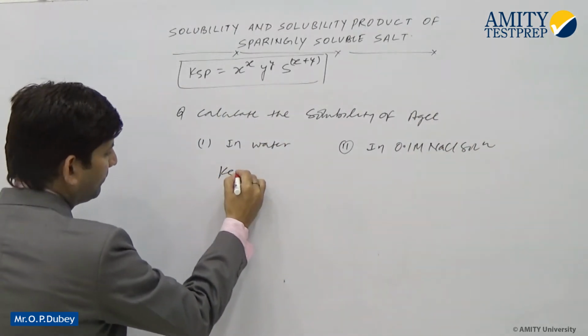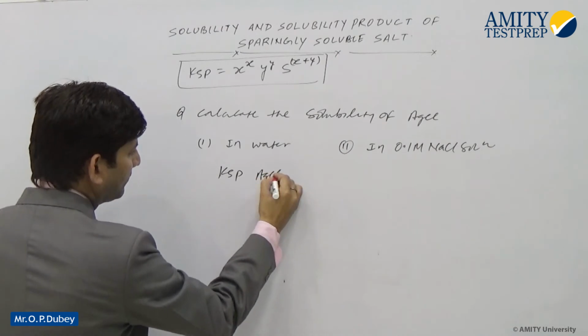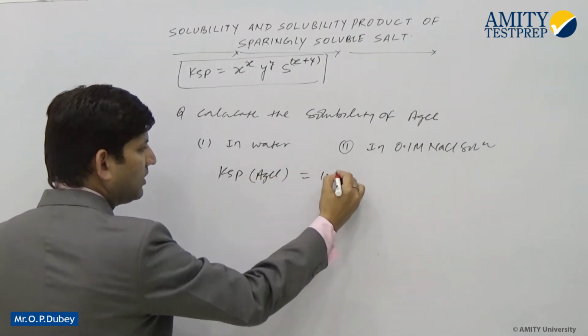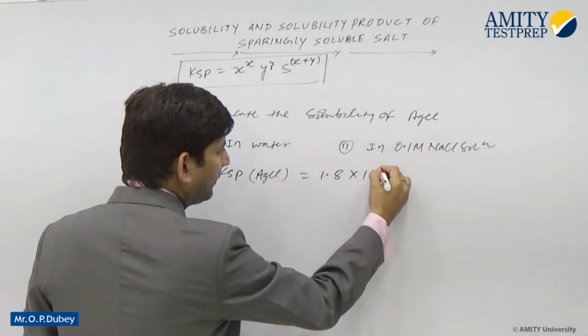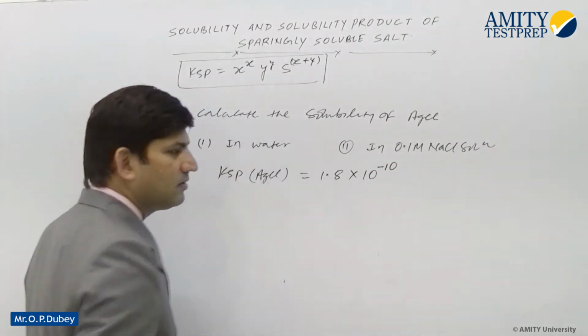The Ksp of AgCl is given, which is equal to 1.8 multiplied by 10 raised to the power minus 10.